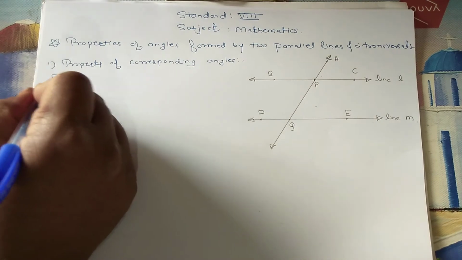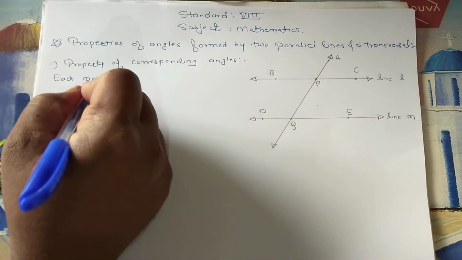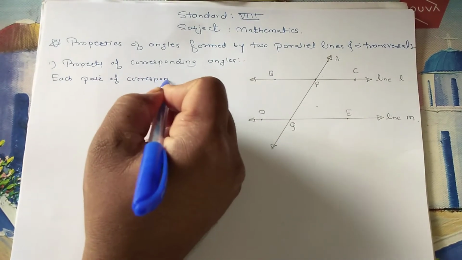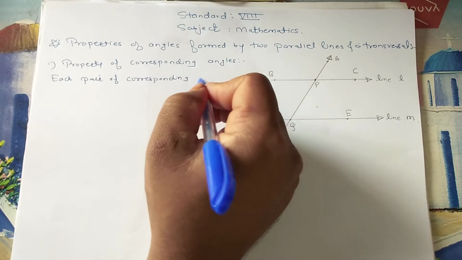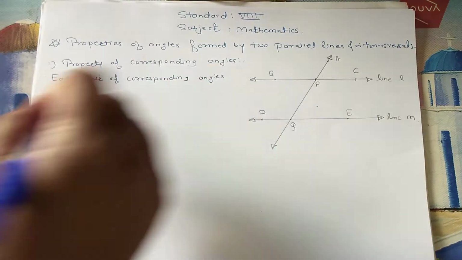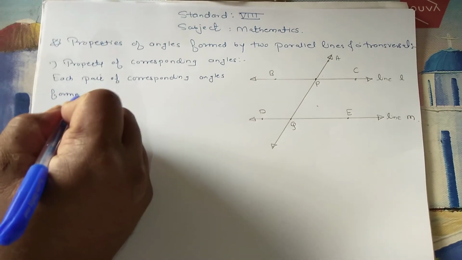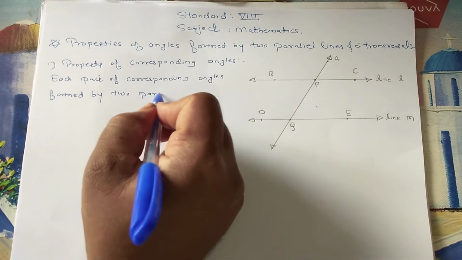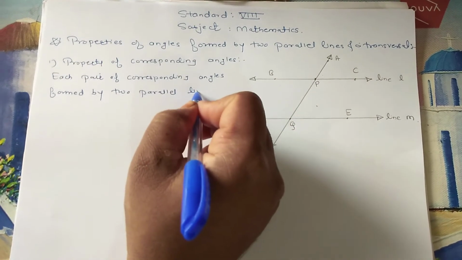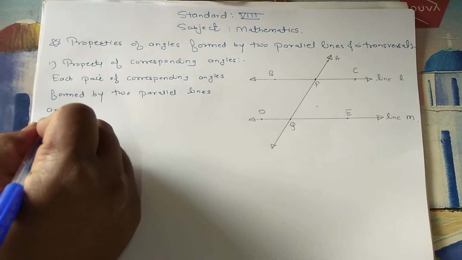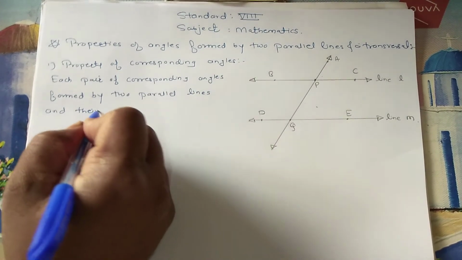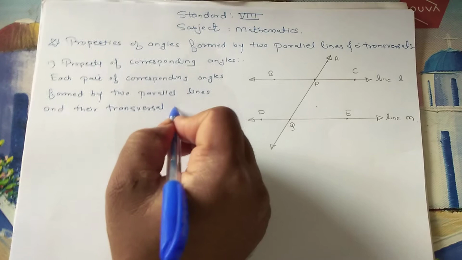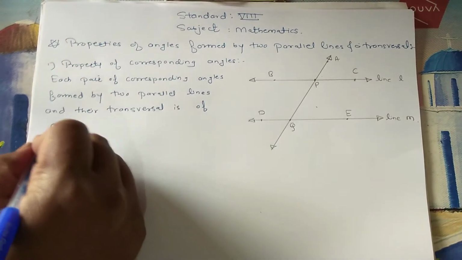Each pair of corresponding angles formed by two parallel lines and their transversal is of congruent angles.